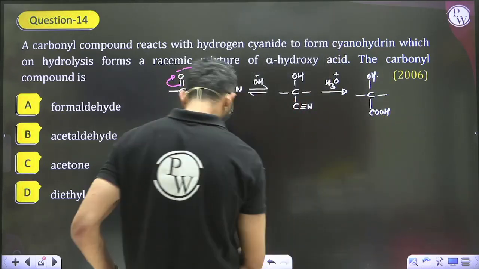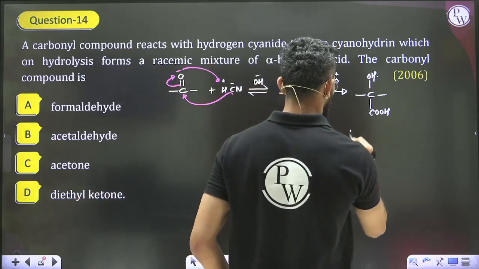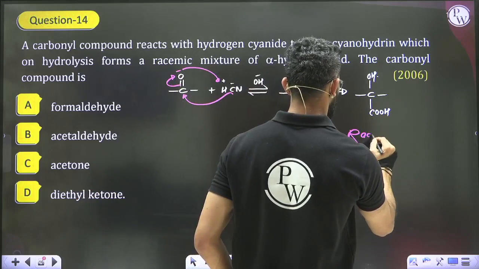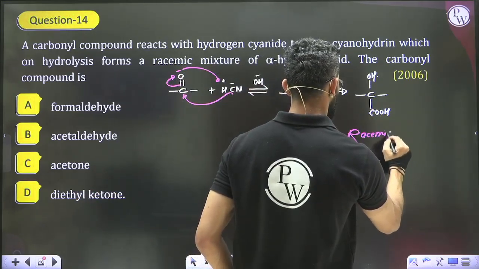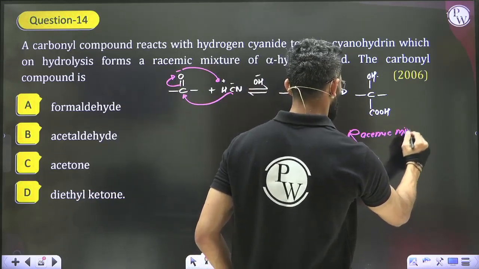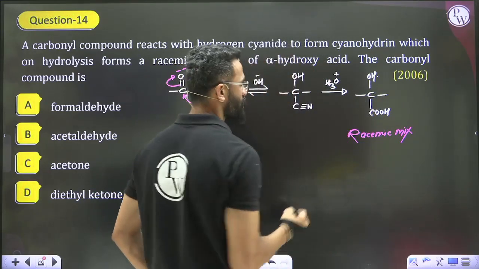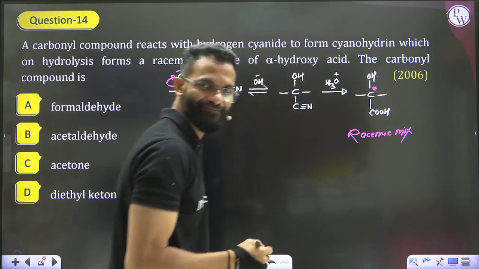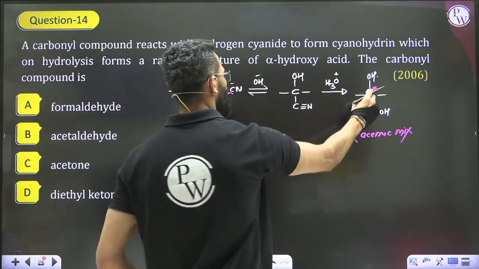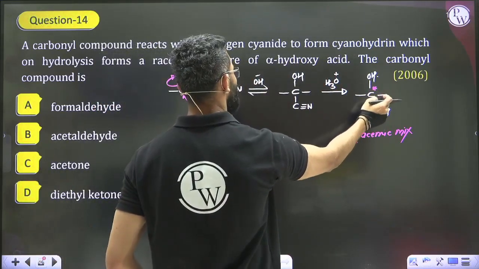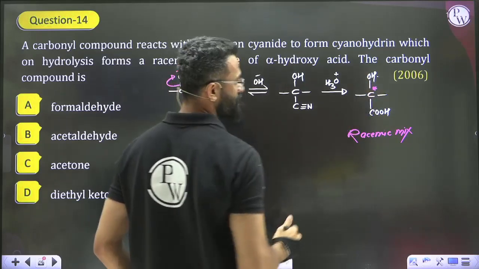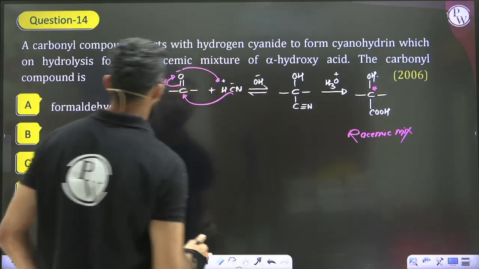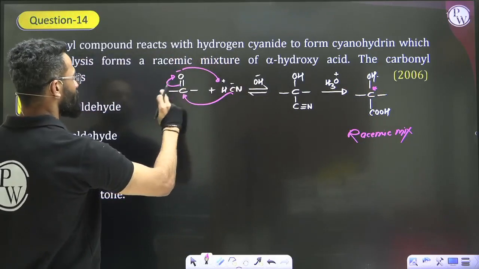Now if this compound is obtained as a racemic mixture, the product must be chiral. So this carbon over here has to be a chiral carbon atom. And for this carbon to be chiral, these two valencies which we haven't satisfied have to be two different groups. So our starting compound should have two different groups.